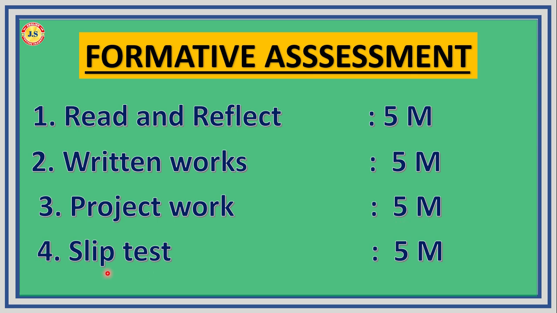And the fourth one, slip test, is conducted for 20 marks and an average of 5 marks can be taken from it. Altogether, formative assessment 1 or 2 or 3 or 4 is for 20 marks.